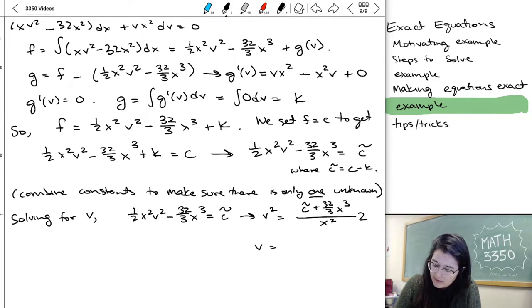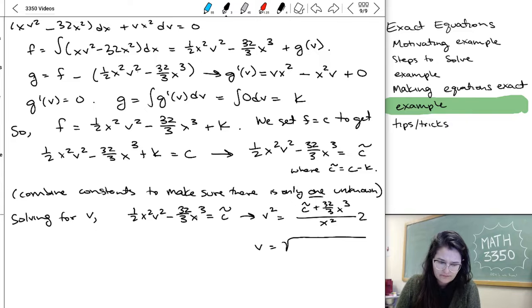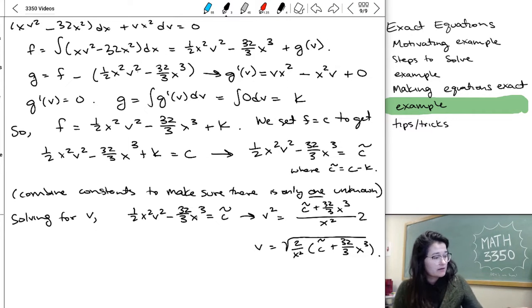Or v is equal to the square root of 2 over x squared times c tilde plus 32 over 3x cubed, which is not an easy equation, but it is an equation.